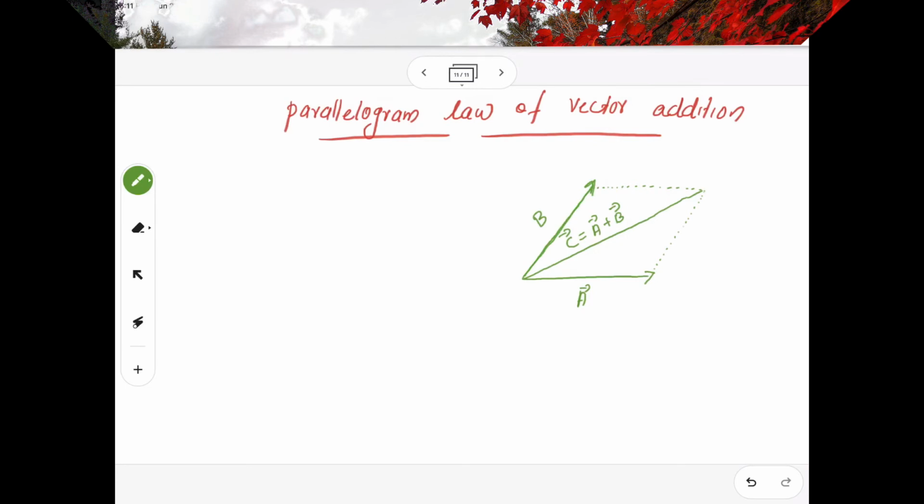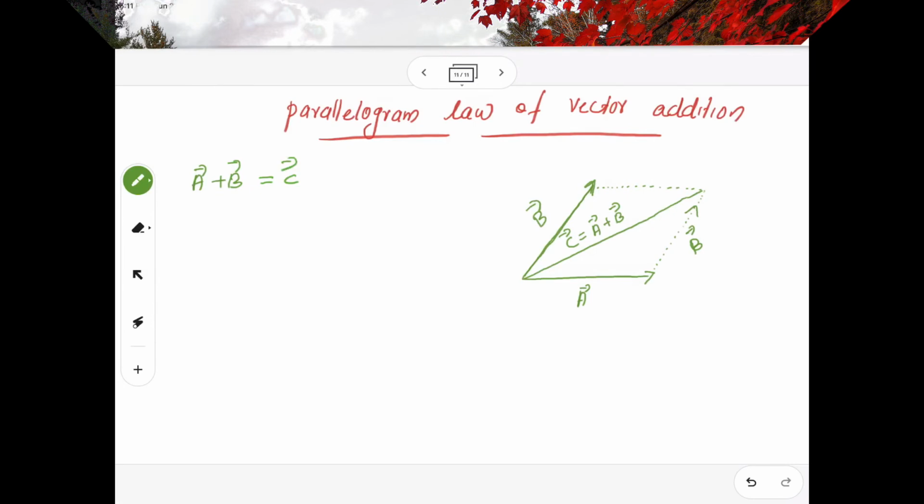Now this dashed line is also parallel to vector B, so I can replace that dashed line with a vector B. So this is also a vector B. Now it is just like our triangular law: vector A plus vector B equal to vector C.